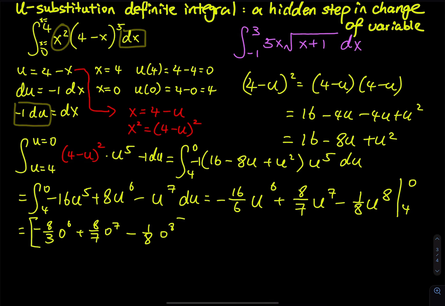So this is the upper limit, and then minus the lower limit. I will just do negative 8 over 3 times 4 to the 6, plus 8 over 7 times 4 to the 7, and then minus 1 over 8 times 4 to the 8th.